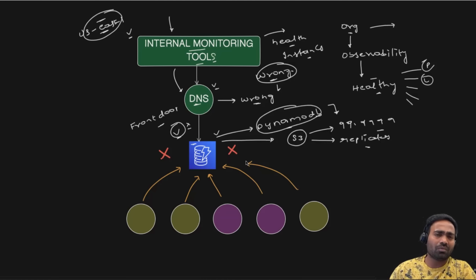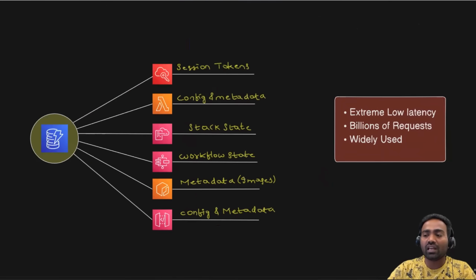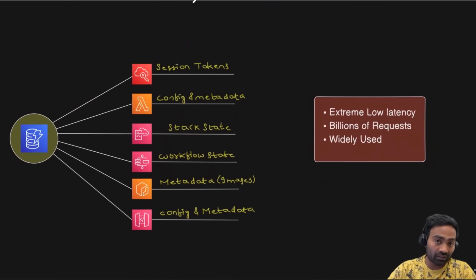But Abhishek, what happens if DynamoDB is impacted? Why has a single DynamoDB impact impacted the entire region? Now, DynamoDB is a very important service for AWS. Let me explain why. So you might be using DynamoDB in your organization or not.